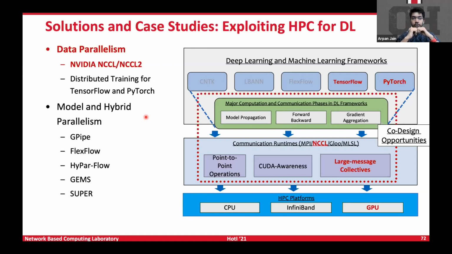If you want to train a model that fits inside the memory of a single GPU, then you can use data parallelism. Otherwise, you have to use model or hybrid parallelism. In data parallelism, we will talk about NVIDIA NCCL and distributed training for TensorFlow and PyTorch, and how we can do it on them. So let's start with NCCL.